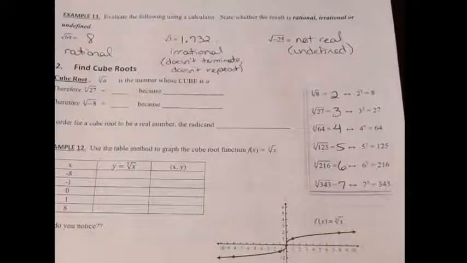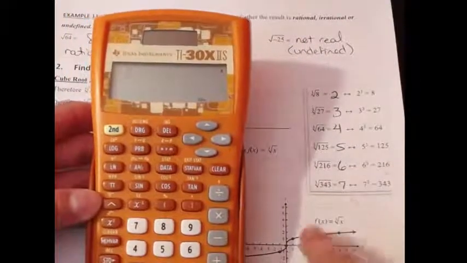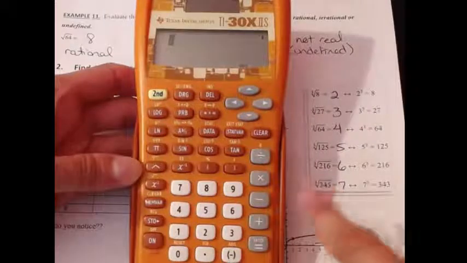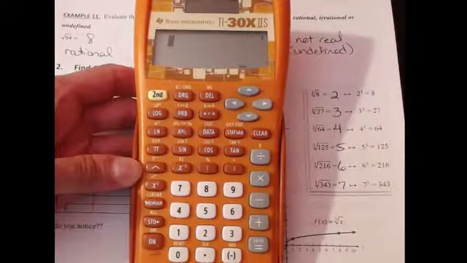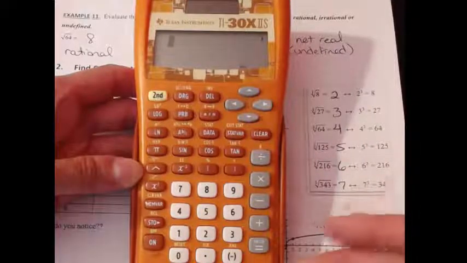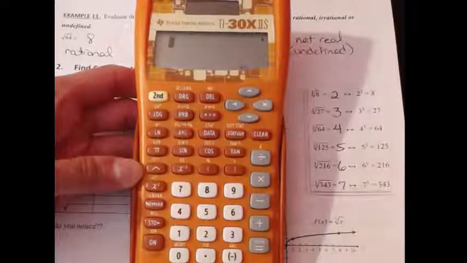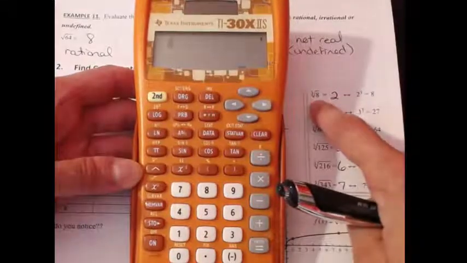But really, it's not tough to verify whether or not you have a cube root. Let me demonstrate to you how we would punch this in. For this particular calculator, the one we are using for our class, we could do this in one of two ways. I'm going to show you the way you should be familiar with, at least at first, until we talk about fractional exponents. So right now, we want to type in the cube root of 8.